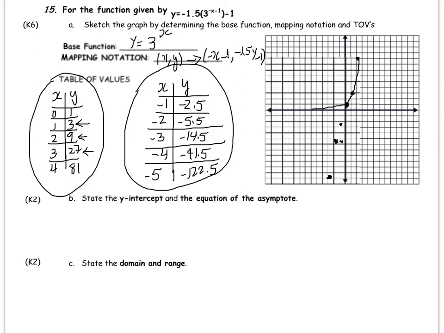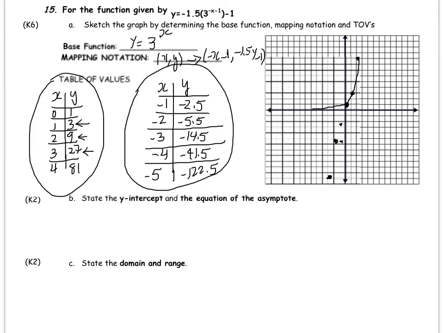There is another point that I'm going to consider: when x goes to positive infinity, negative x minus 1 becomes negative infinity, and 3 exponent negative infinity becomes 0. Negative 1.5 times 0 is 0, and y becomes negative 1.